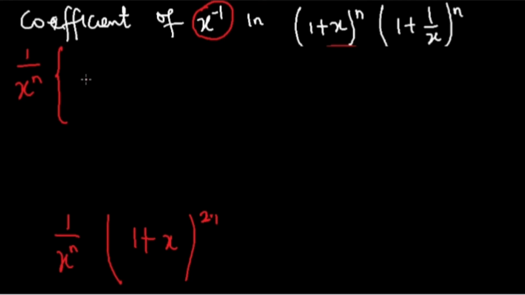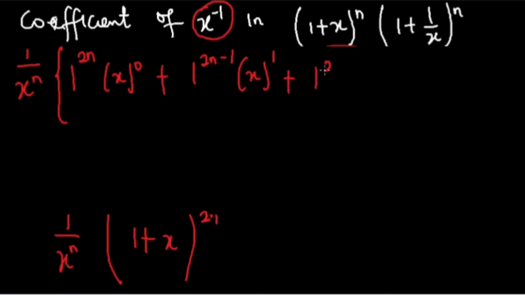You know that 1 will have the first power, while x will be raised to the power 0, plus this one will reduce by 1, while this one will increase by 1, plus the term with 2n minus 2 and x^2, to the point where we will have 1 raised to the power 0, then x raised to the power 2n.